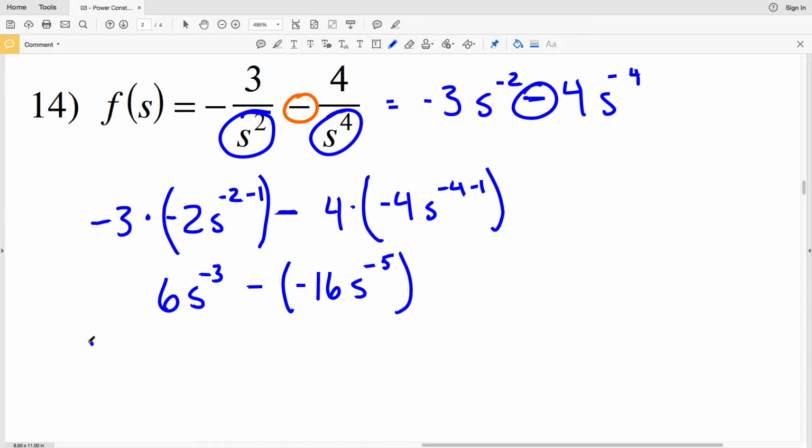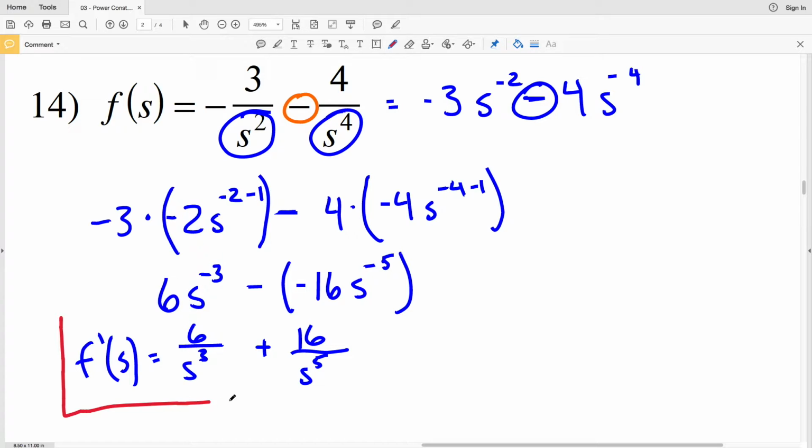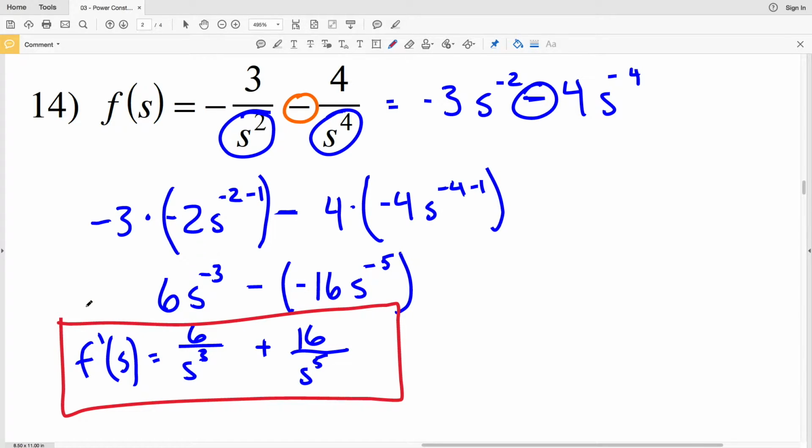So simplifying, we'll have the derivative of f of s equal to 6 over s to the third, because s to the negative third is the same as 1 over s to the positive third, and that's multiplied by 6. And then as opposed to subtracting a negative, we'll add the positive 16 over s to the 5th. So 6 over s to the third plus 16 over s to the fifth.